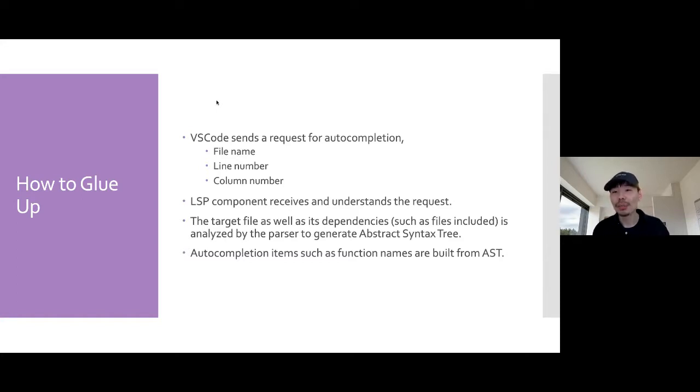And then the glue code can easily generate auto-completion items and return them to VSCode. And then back in VSCode, we actually see a pop-up, a list of items, which we can then use to speed up our coding.